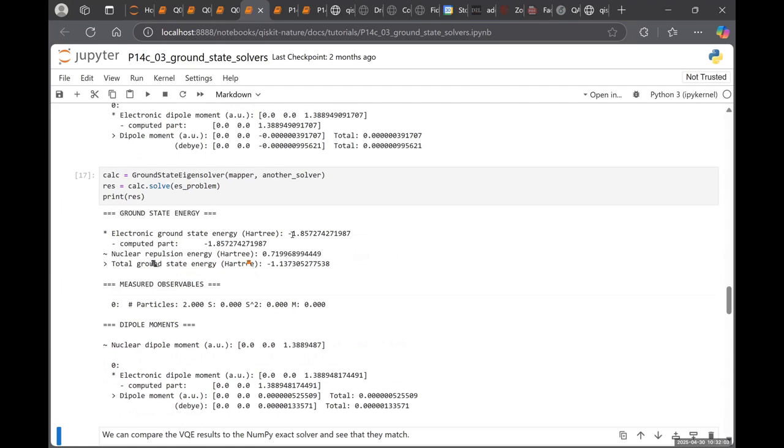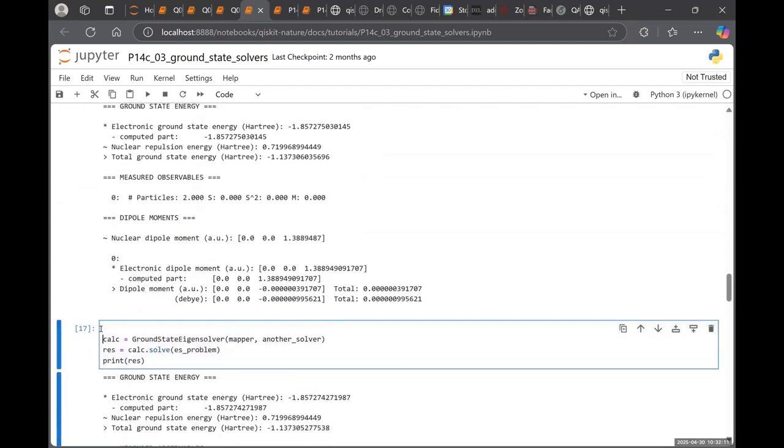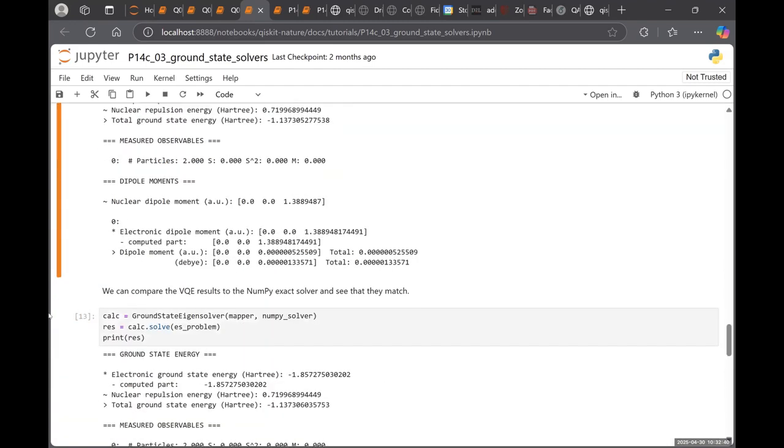So you see that this one improved, right? When changing from reps 2 to reps 4, we have improvement. I think it's minus 1.83 something to minus 1.85. So you try it yourself.